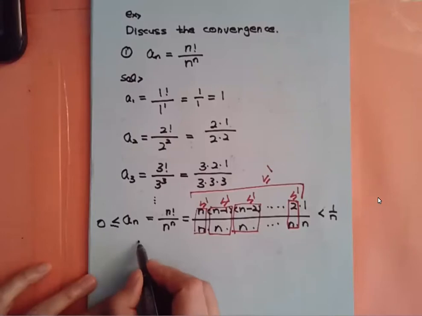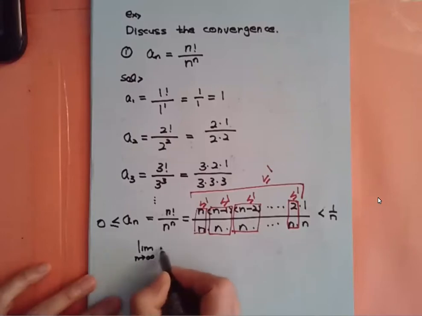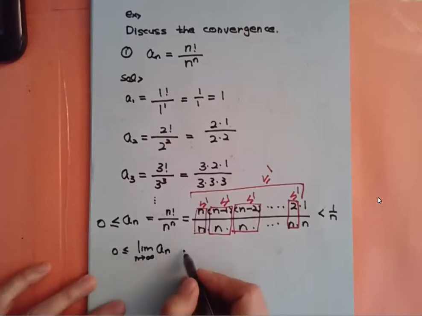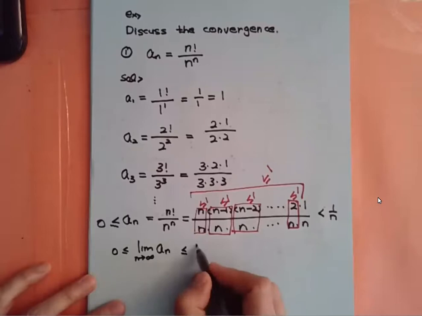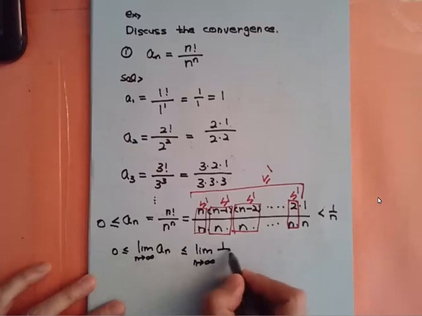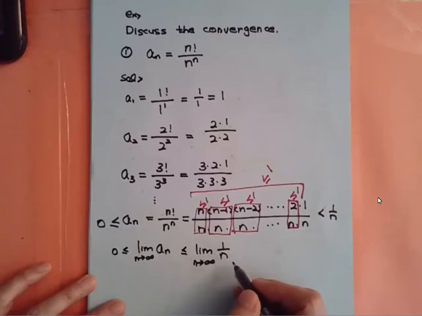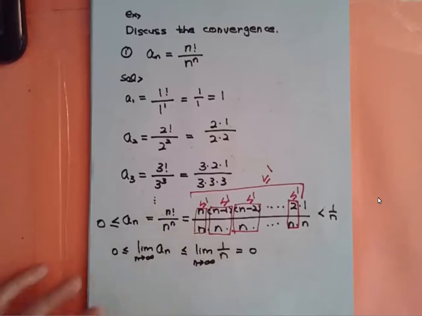So when we take the limit of the sequence, it is greater than or equal to 0 and less than or equal to the limit as n goes to infinity of 1 over n. As n becomes larger and larger, the denominator becomes larger and larger. So 1 over n becomes 0, right?